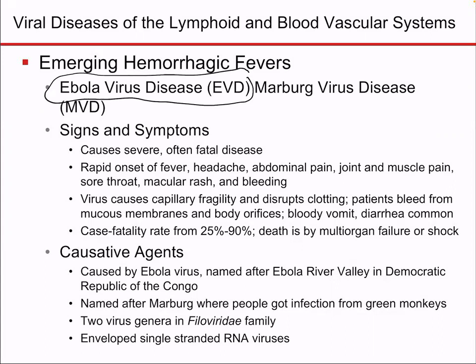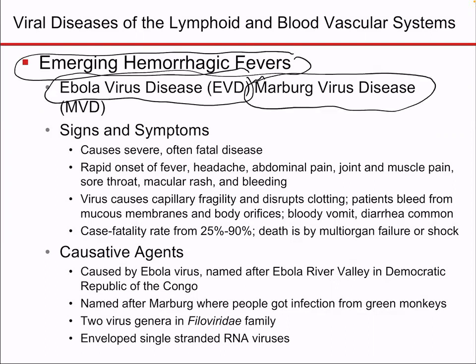This is a virus that produces emerging hemorrhagic fever. And in the same family, you also have the Marburg virus disease. They both belong to the same viral family, the Filoviridae, and they both can cause these emerging hemorrhagic fevers.